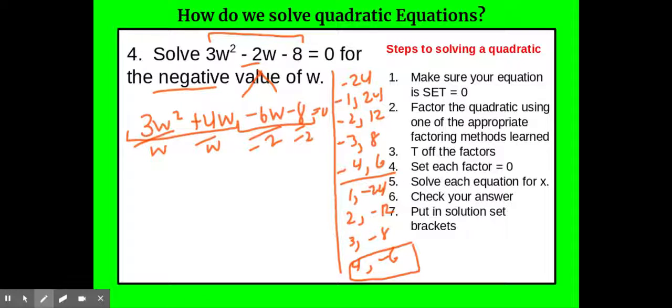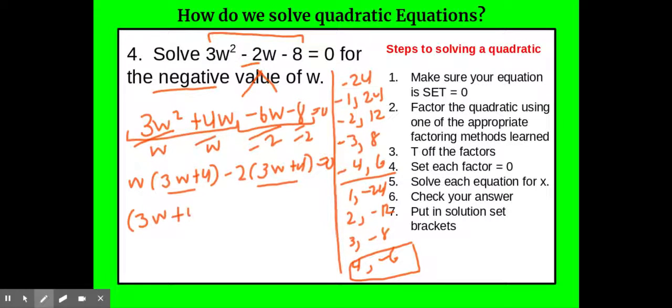So when we factor out the w, we're left with w times 3w plus 4. When we factor out the negative 2, we're left with 3w plus 4. Bring your equals 0 down. Factor out your common factor, 3w plus 4. And then you have your w minus 2 left over equals 0.